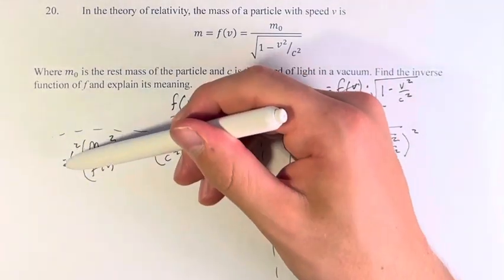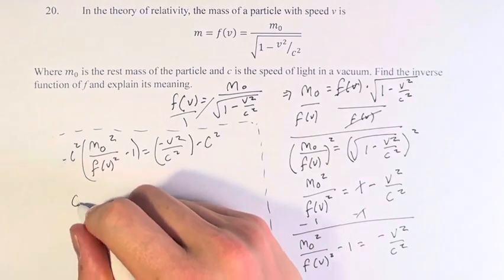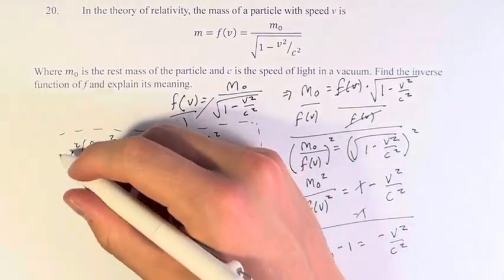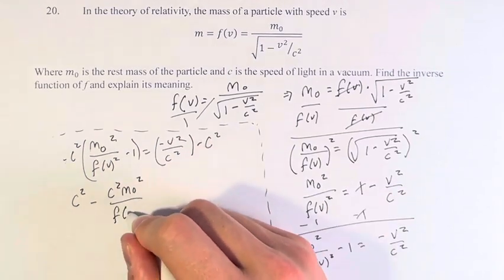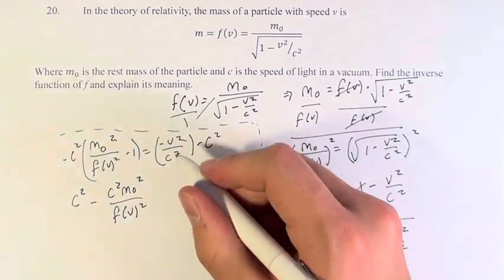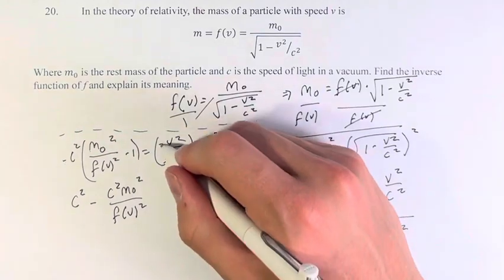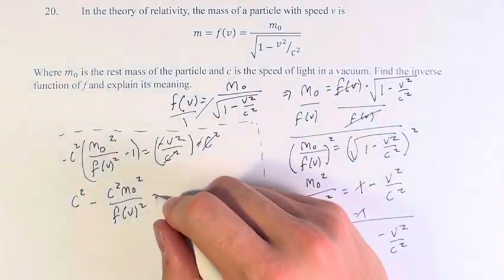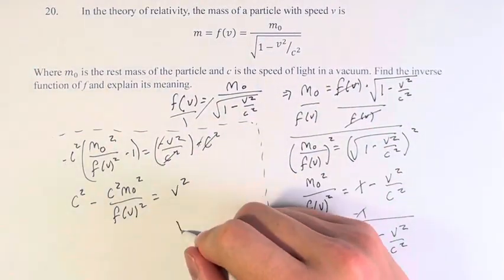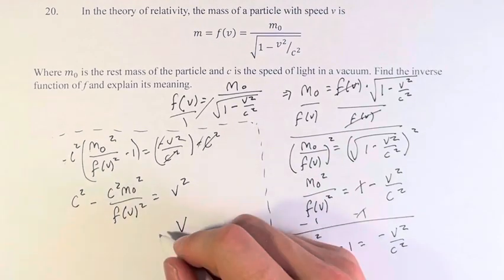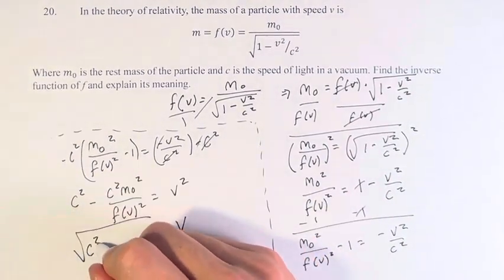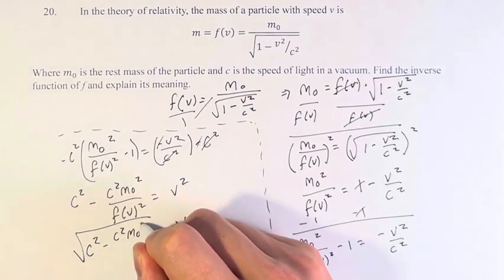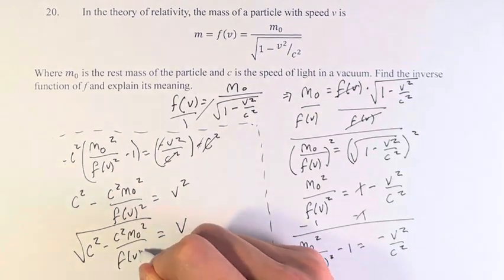And so what that's going to do is negative c squared times negative 1 is positive c squared minus c squared m naught squared over f of v squared. c squared and c squared cancel out. Negative 1 times negative 1 is positive 1, so this equals v squared. Therefore, v equals the square root of all this, c squared minus c squared m naught squared over f of v squared.